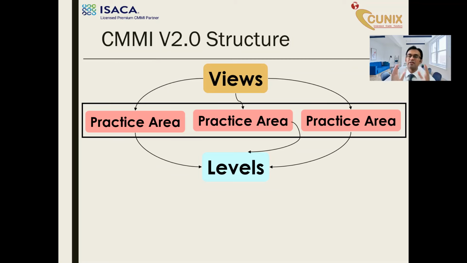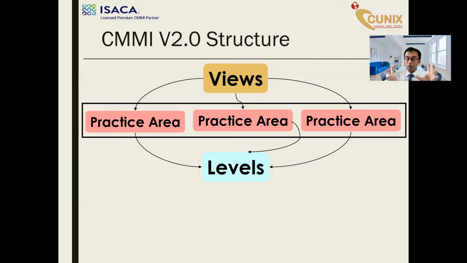So each practice area has got practices covering up to certain levels. Some practice areas have got practices up to level 2 only, like configuration management. Some practice areas have got practices up to level 5. Some have got practices up to level 4 and 3.